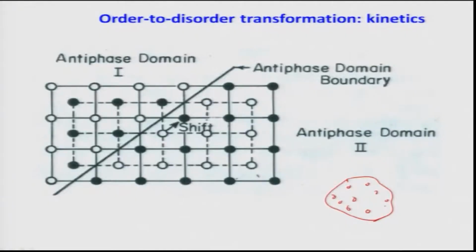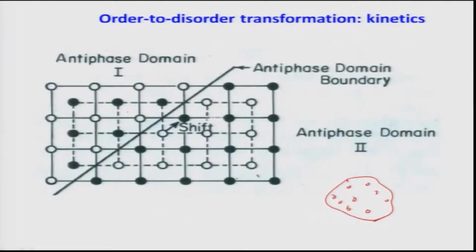That can be easily explained by looking at these sublattices. Let us consider that these closed atoms are gold, the other closed atoms are copper, and these open atoms are gold. You can see here I have superimposed two-dimensional projections of the gold sublattice and the copper sublattice.